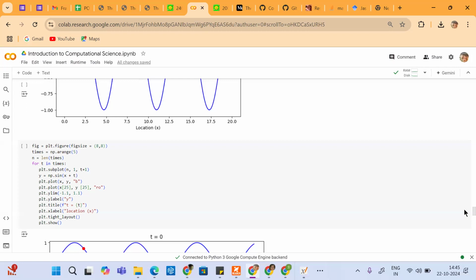So for t equal to 0, will the plot vary with time? Do you think the plot will vary with time? Why? Yes, sine x plus t is there. So every time in your for loop, if t is changing, then sine x plus t will also change its value. It won't be the same. Sine x plus 1 won't be the same as sine x.